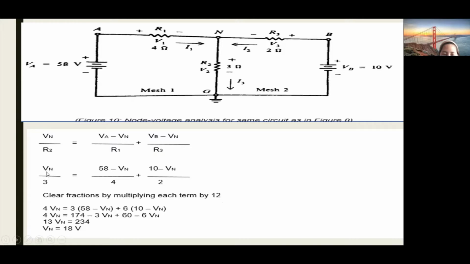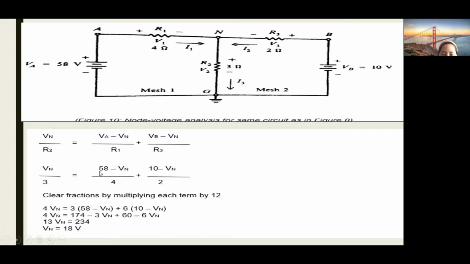So we will have 13 Vn equal to 234. Vn is 234 divided by 13, so we will get 18 volts. Vn is equal to 18 volts.